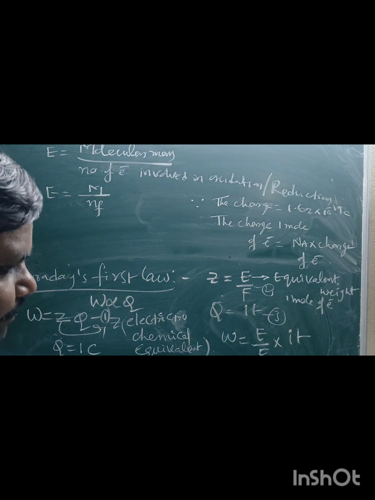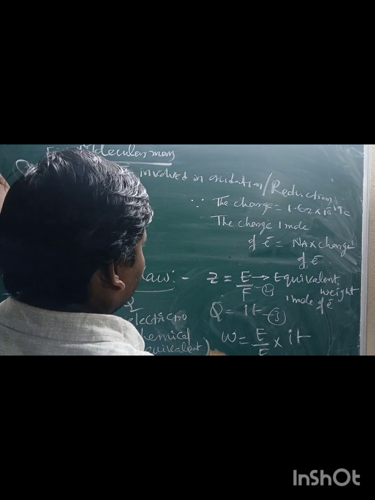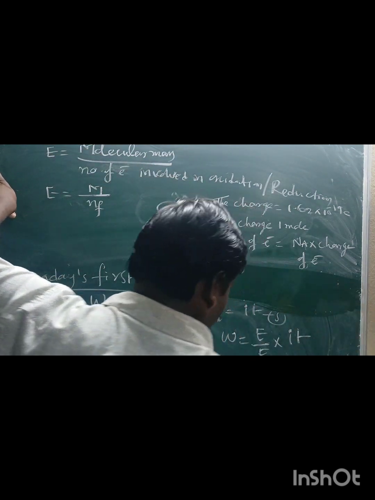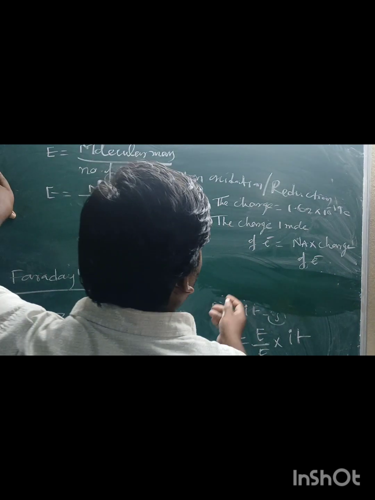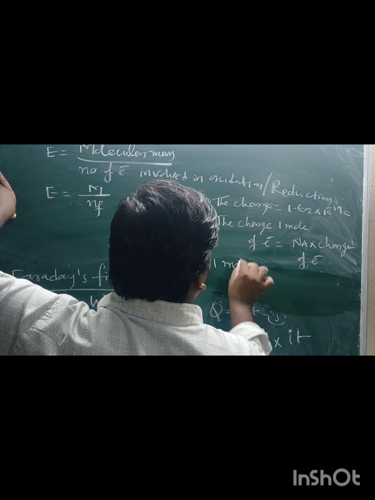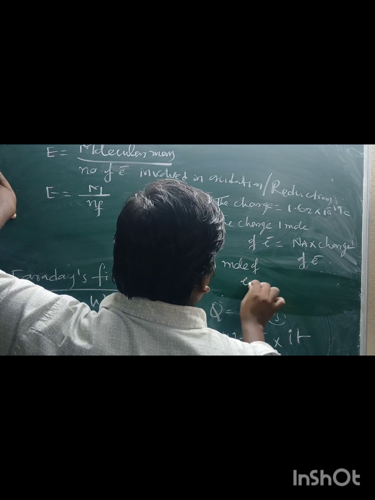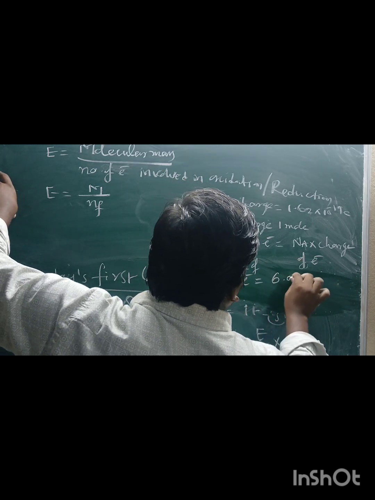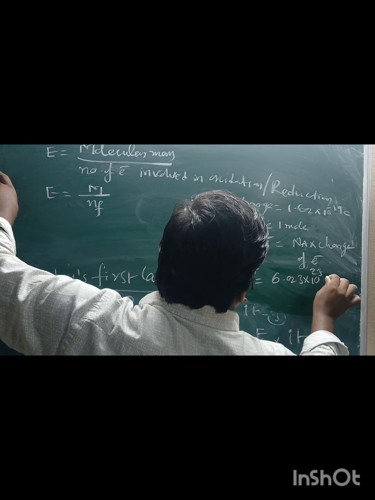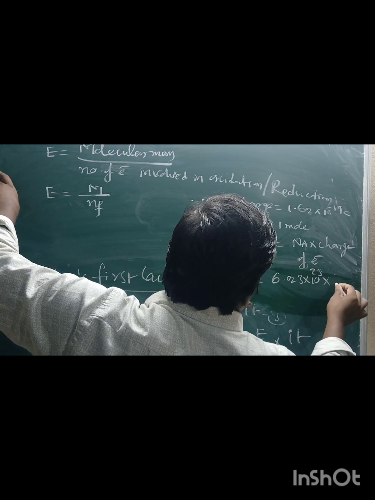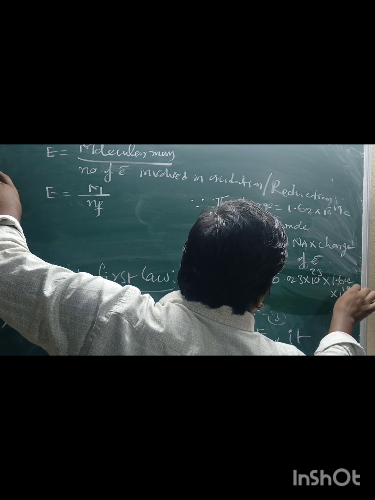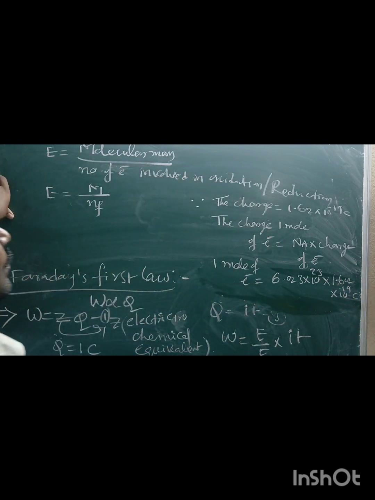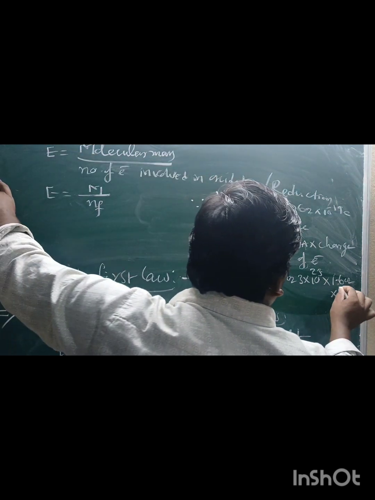That means 1 mole of electrons is equal to 6.023 into 10 to the power of 23 into 1.602 into 10 to the power of minus 19 coulombs.